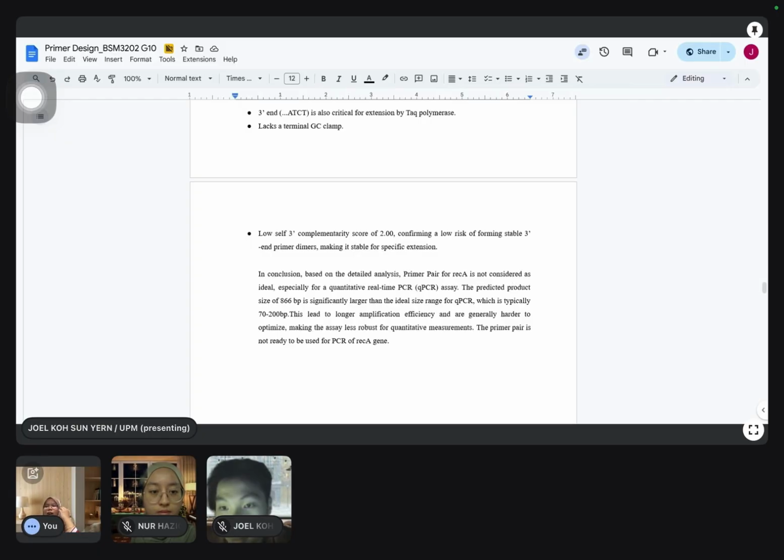You have to change this, change that, and the results will not be as good. The PCR assay later will be less robust for quantitative measurement, so it's not precise. In conclusion, this primer is not ready to be used for PCR.